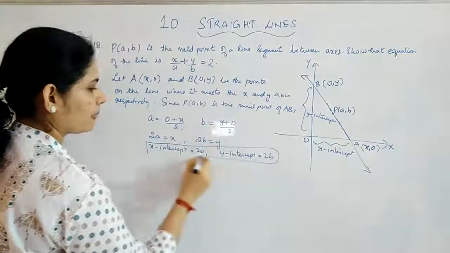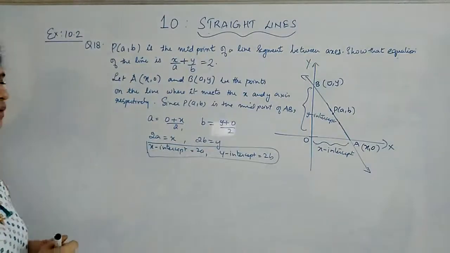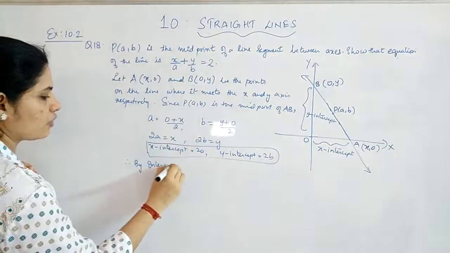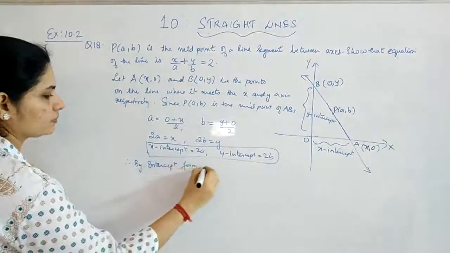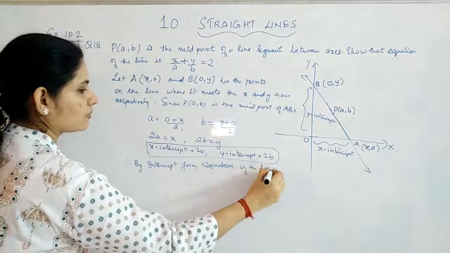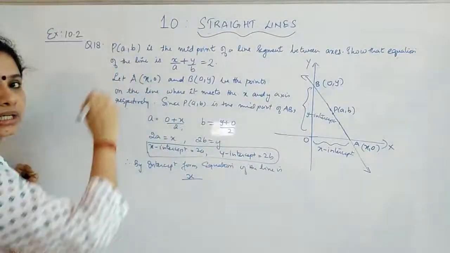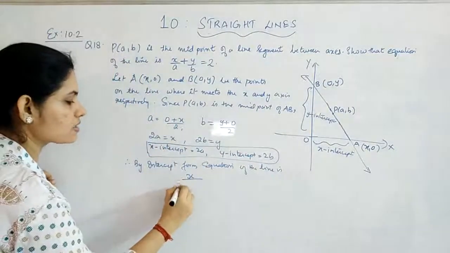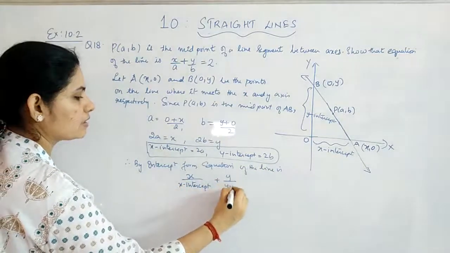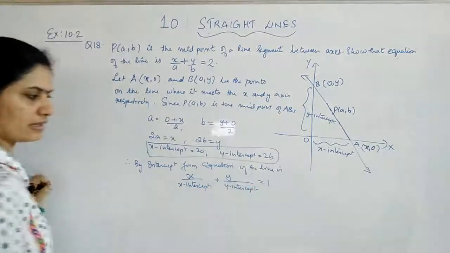Since you have got the two intercepts, we can use the intercept form to get the equation of the line. Therefore, by intercept form, the equation of the line is x by x-intercept plus y by y-intercept equal to 1. Here if you write a, you will be confused, so we write x-intercept.